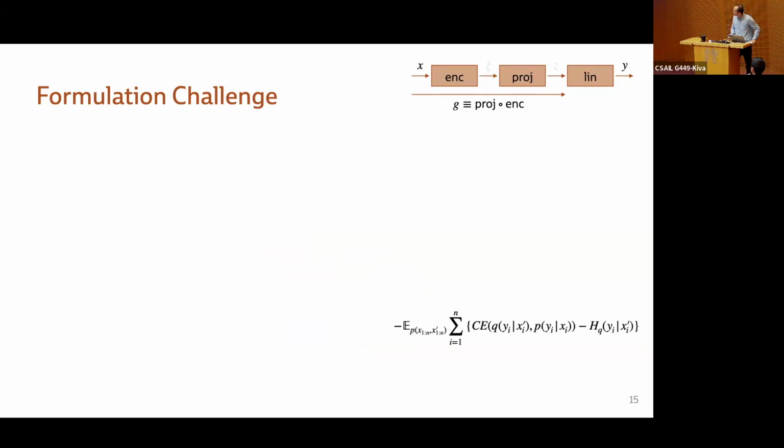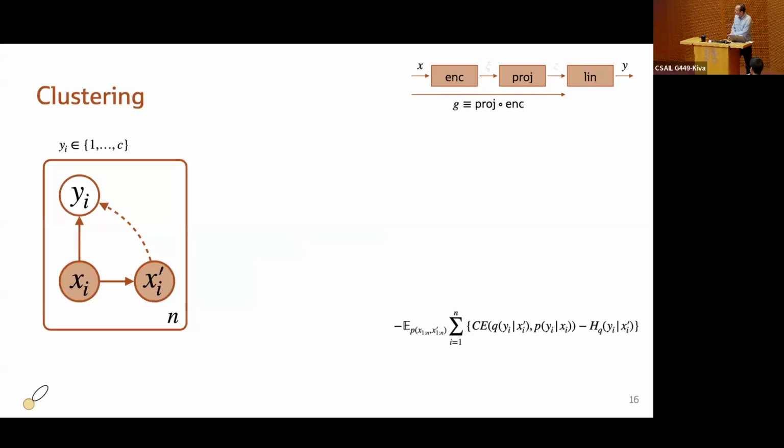Now, from the loss function, we can again identify the underlying graphical model. We see here the image, the augmented version, and then a categorical variable that goes from 1 to the number of clusters.